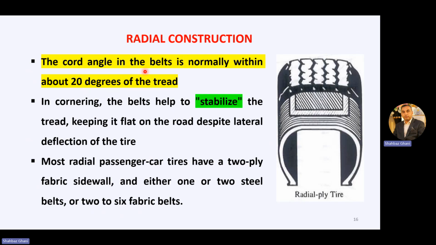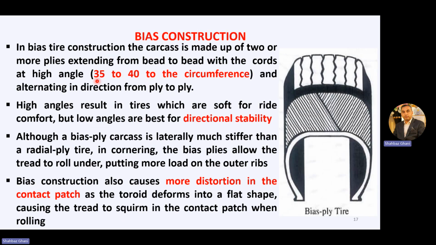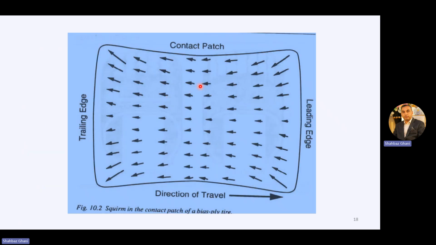The cord angle in the belt is normally within 20 degrees of the treads, basically used to stabilize and have a softer ride. Bias construction, in which the cord angle is high, from 35 to 40 degrees of the circumference. More good for the directional stability, but has some other advantages and disadvantages.